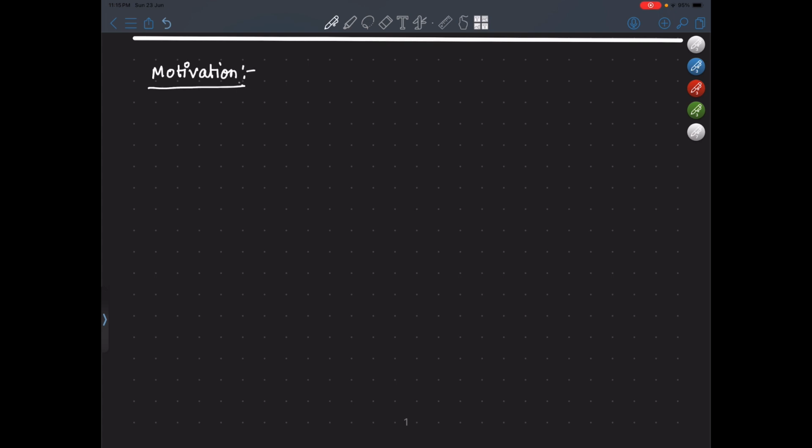So I'll give you two examples to set up the motivation about why coordinate transformation and homogeneous transformations are useful. So let's say I have a wheeled robot. The green shaded area is the main body, and the white shaded area are the wheels.